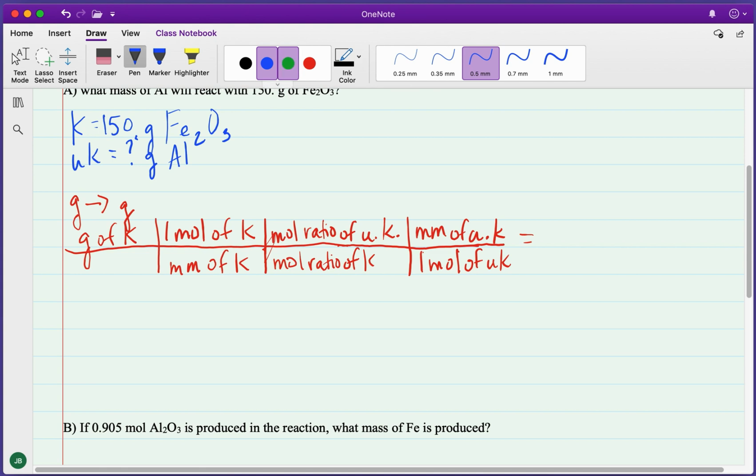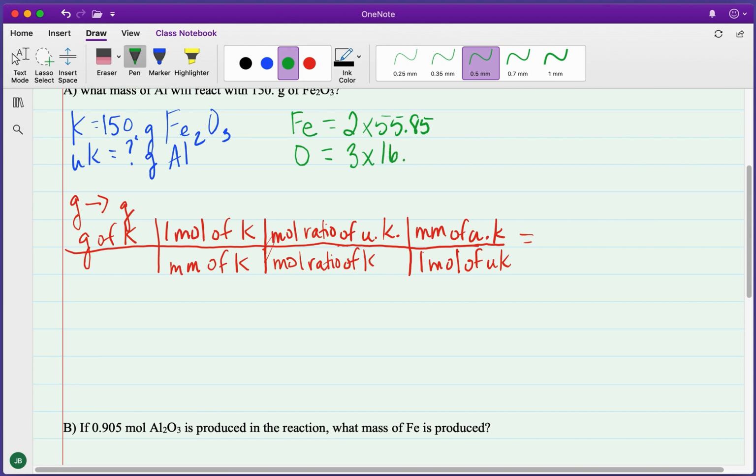And the first thing I'm going to do is I'm going to solve for the molar mass of the iron 3 oxide. So that consists of iron and oxygen. We have 2 atoms of iron, 3 of oxygen. The mass of iron from the periodic table is 55.85.